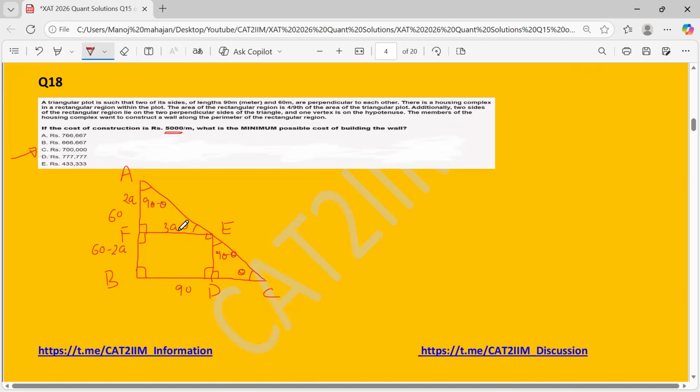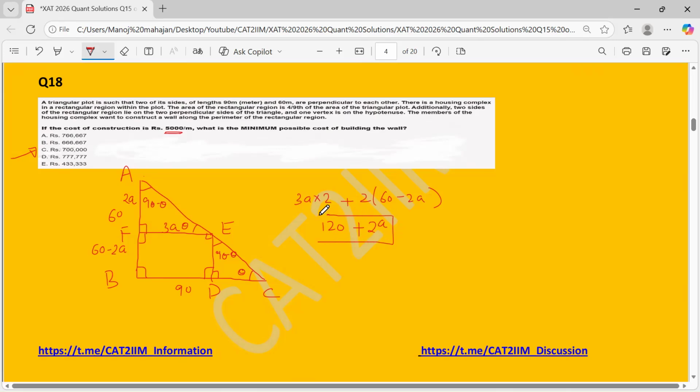So let's add 3A, 2 times, and 2 times 60 minus 2A also. This gives me 2 into 60, which is 120, plus 6A minus 4A, which gives 2A.